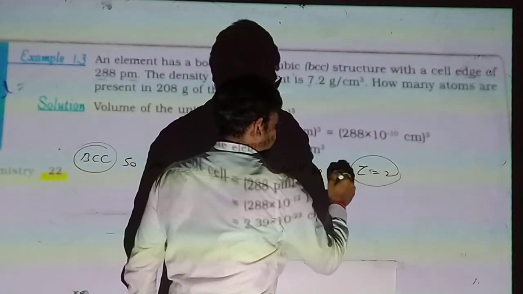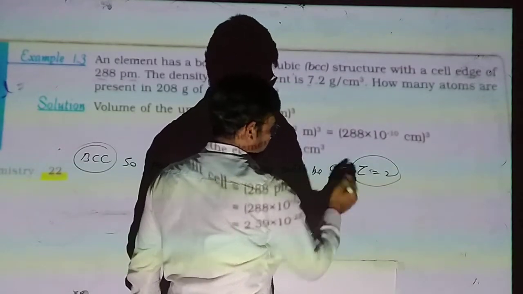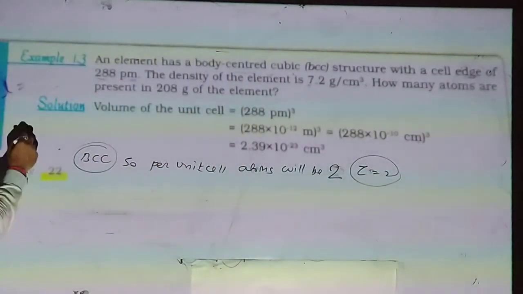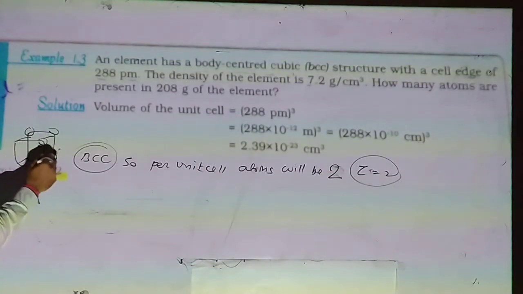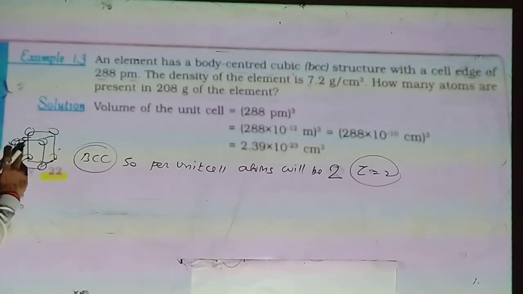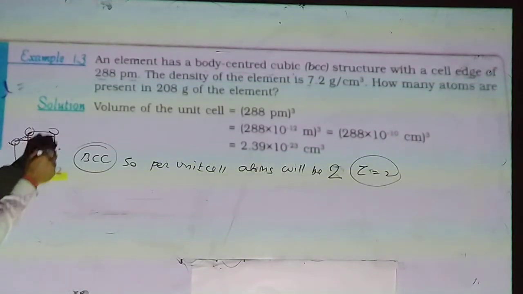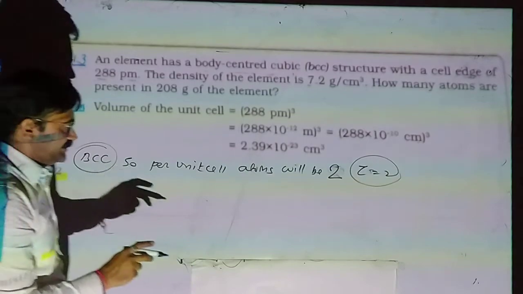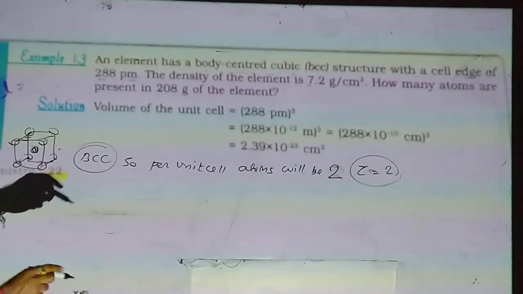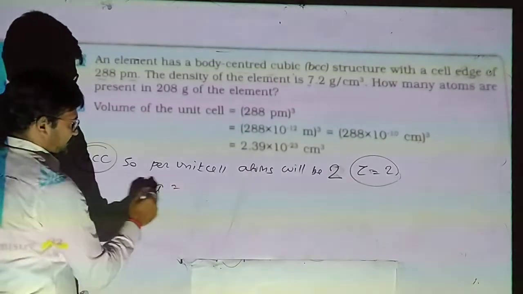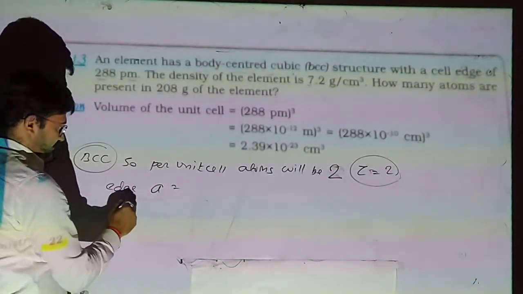In the BCC structure, 8 atoms are on corners, and due to corners that is 1, and one of them is at the center of the cube. 1 plus 1, 2. Z is given, Z is 2. Edge length is given, a.